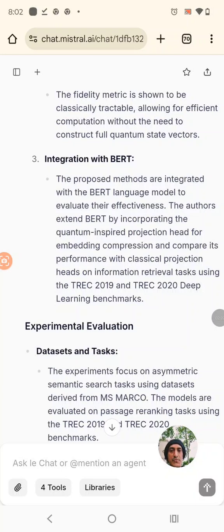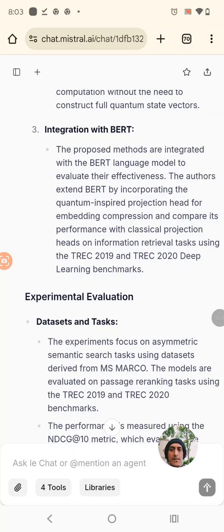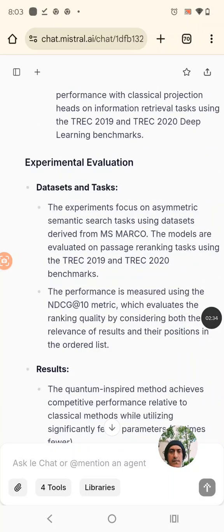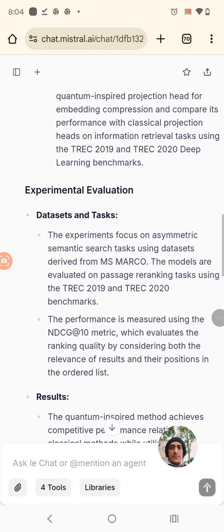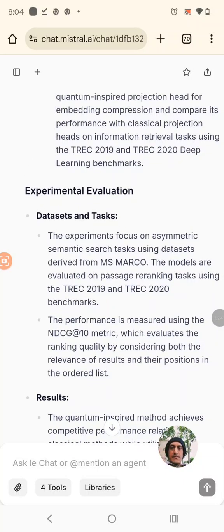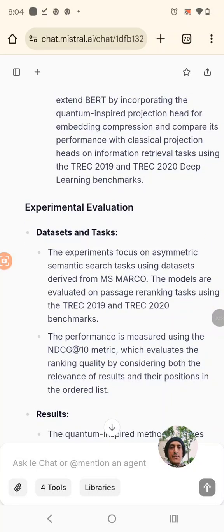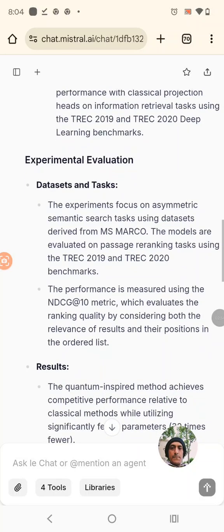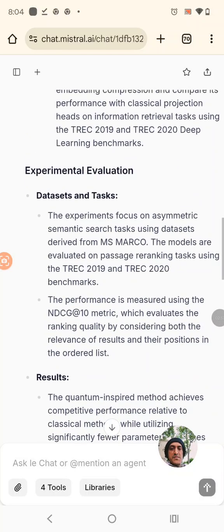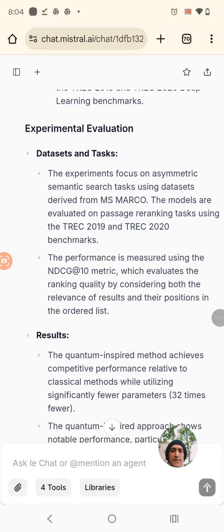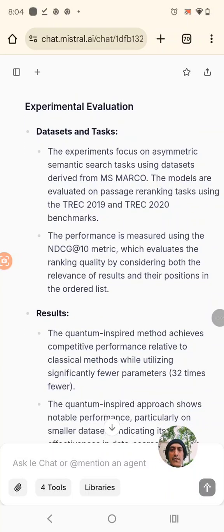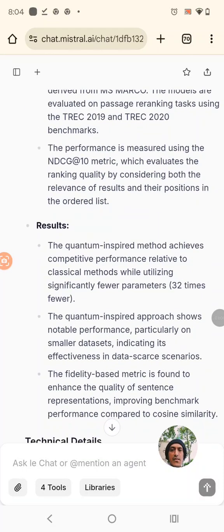Actually, they're not integrating with BART, but comparing the BART based embedding and this quantum inspired projection head for embedding compression, and they're using some classical benchmarks for this. The performance is measured using the NDCG at 10 metric, which evaluates the ranking quality by considering both the relevance of results and their positions in the ordered list.